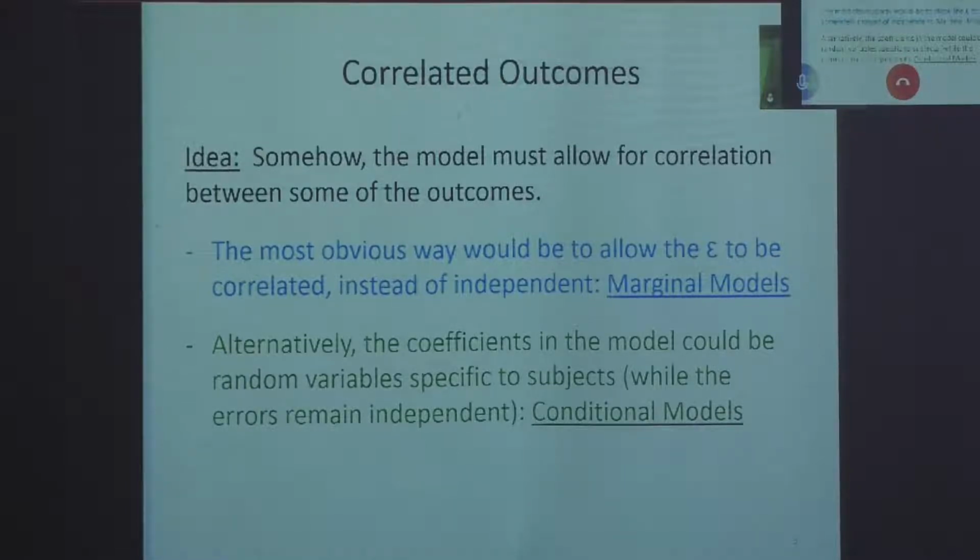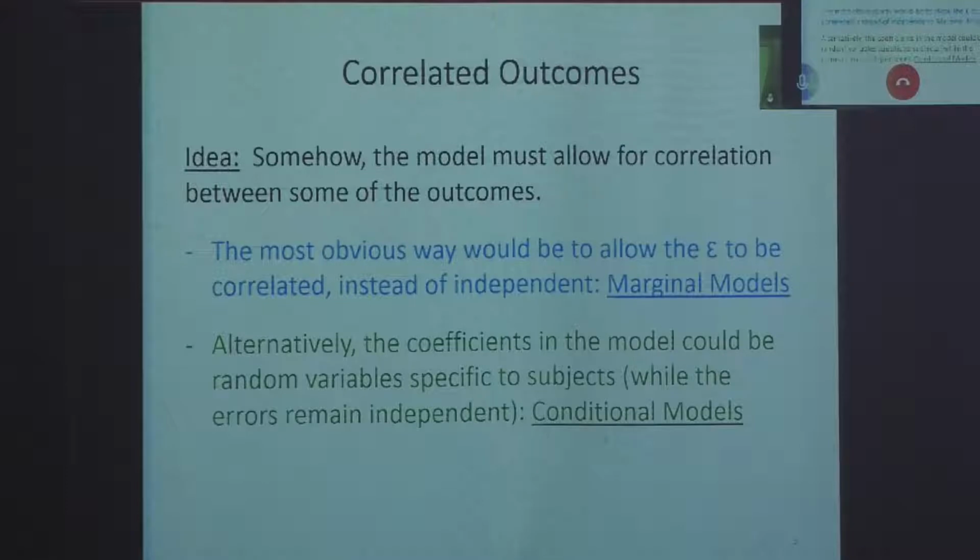And how do we bring the correlation into the story? 2 ways. As I mentioned, there's marginal models, conditional models. With a marginal model, we're going to bring the correlation in by allowing the epsilons to be correlated with each other instead of being totally independent of each other.